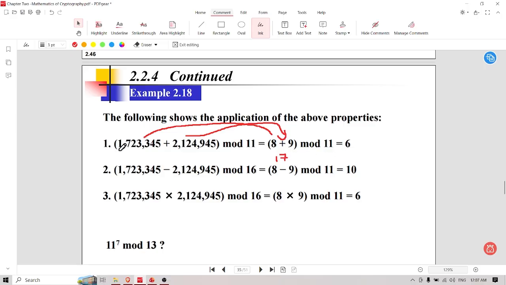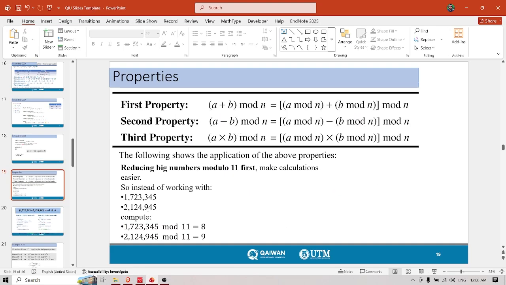Now, how did we get this big number to be 8? We will make sure that we will not add these two and then find their mod. That would be a lot of problem or a lot of headache if we did it this way. Now we have these big numbers, 1,723,345 and 2,124,945.